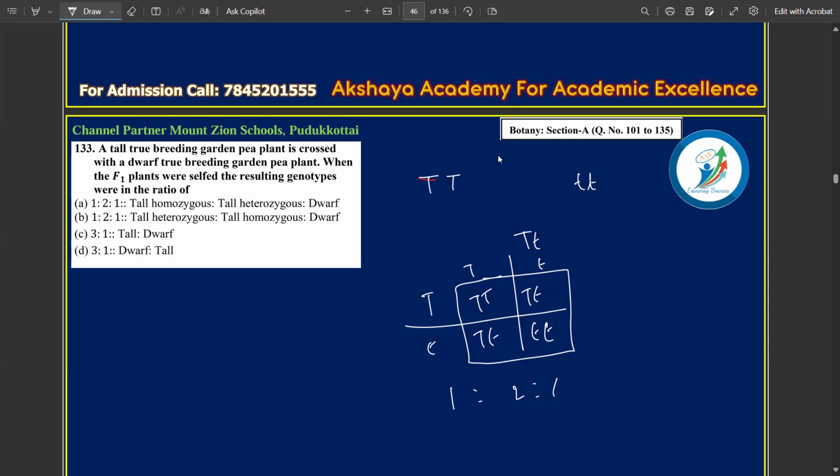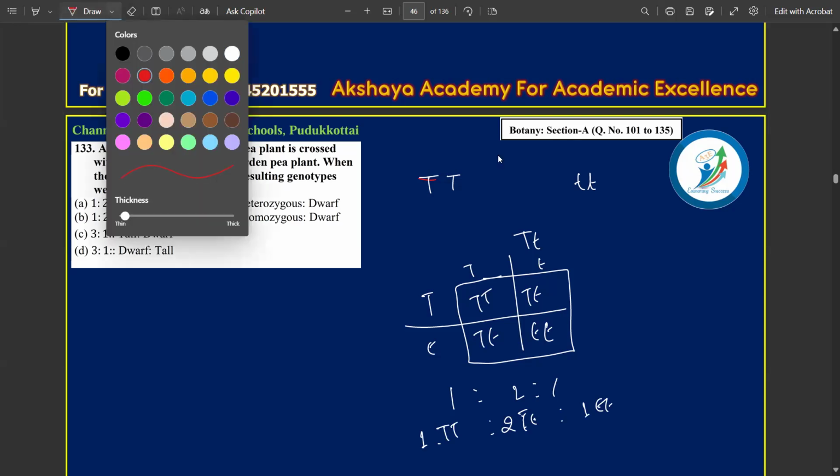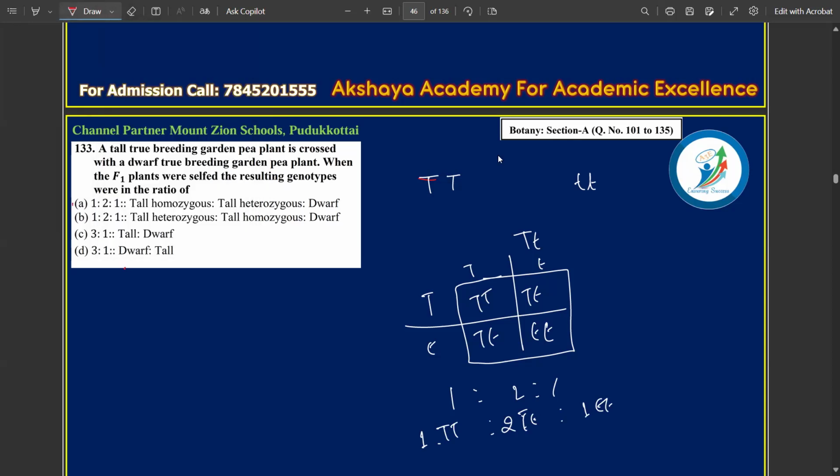That means we have 1 homozygous dominant, or homozygous tall, 2 heterozygous tall, and 1 dwarf. So the option suggesting this ratio is option A.